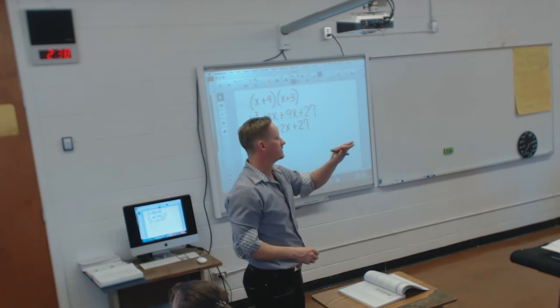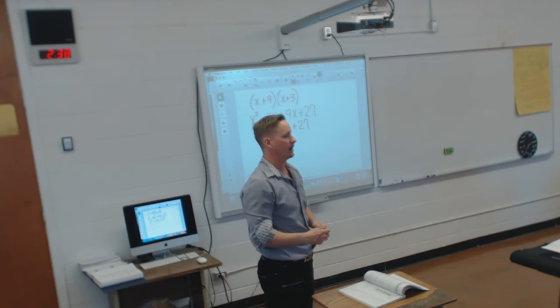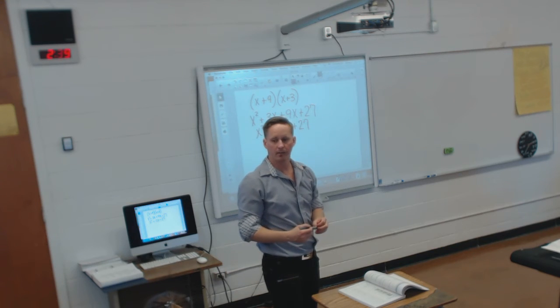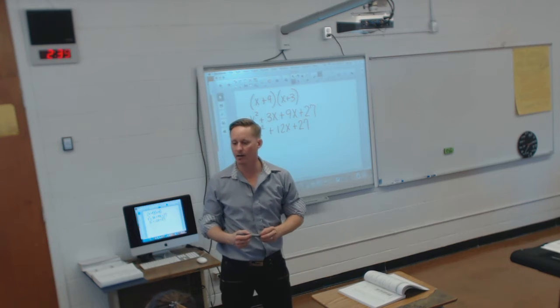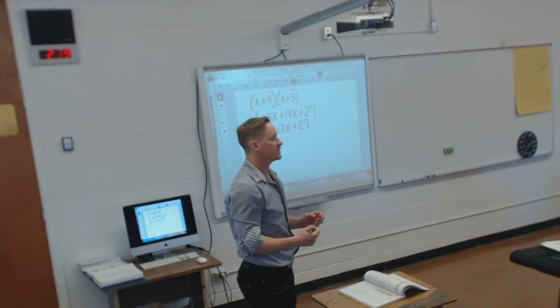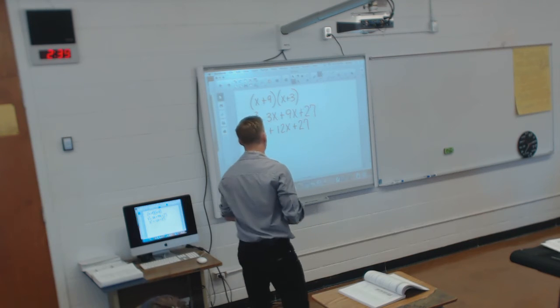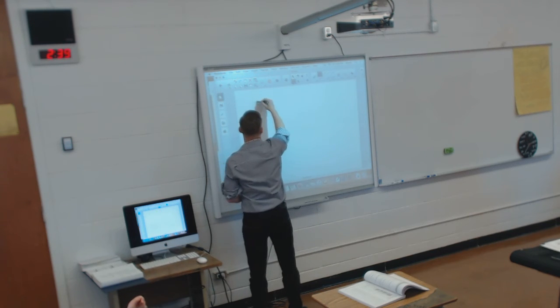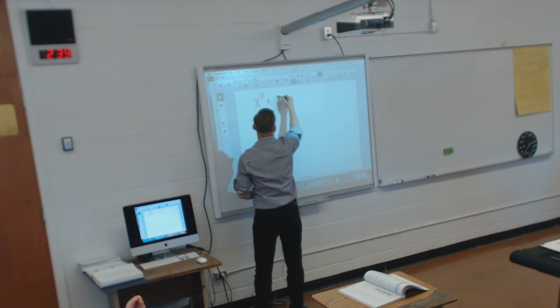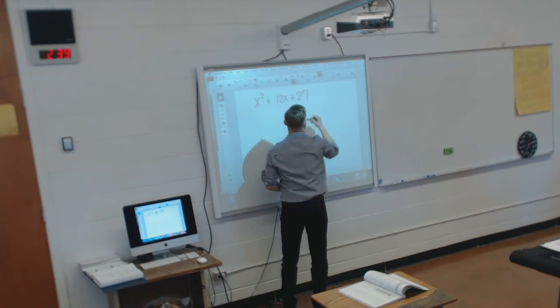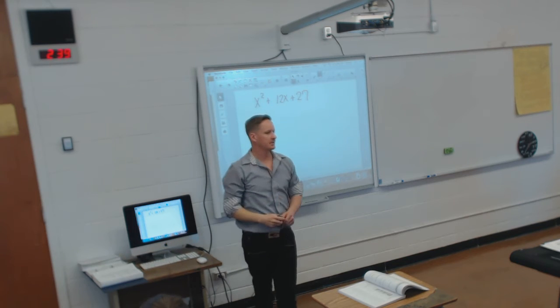I had a binomial times a binomial, and it gave me a trinomial. Now what I want you to do is take a trinomial and turn it into a binomial times a binomial. This is called factoring. You're going to work it backwards.